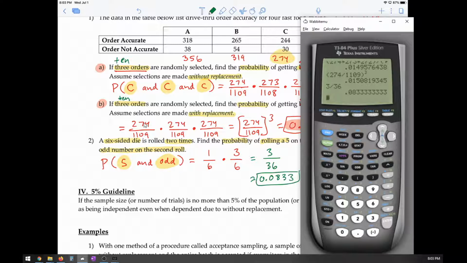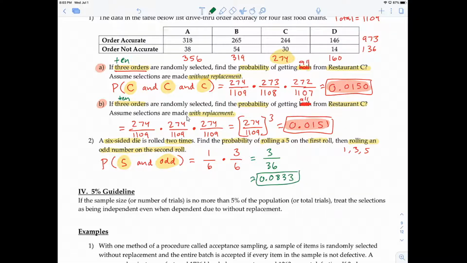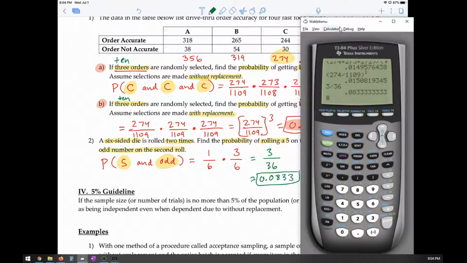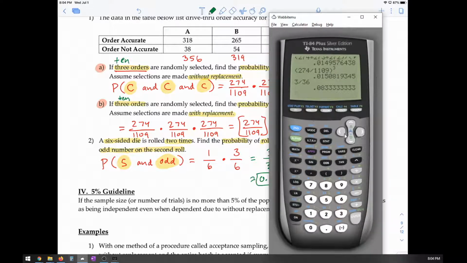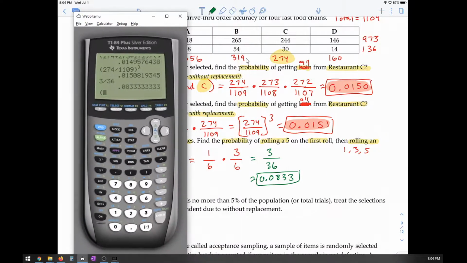So the point is, the math is a lot easier when it's with replacement. When it's independent, with replacement indicates it's independent, the math is a lot easier, but the answers are going to be very similar. So let me just show you what you would get if you did 10 orders. In the numerator, you'd start with 274, and then diminish one after another.